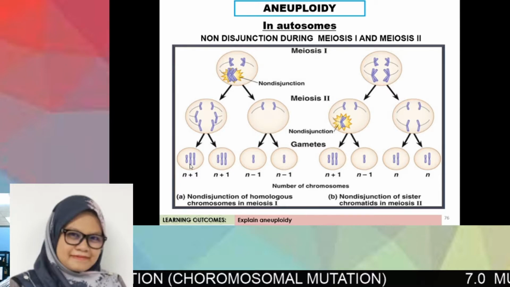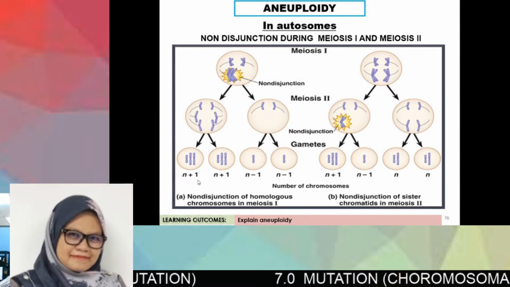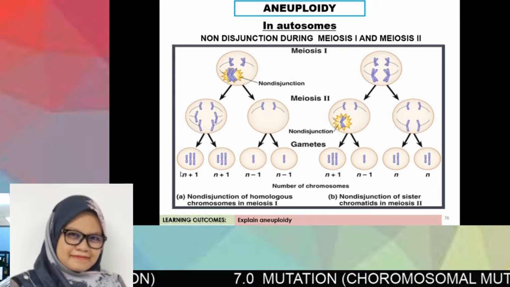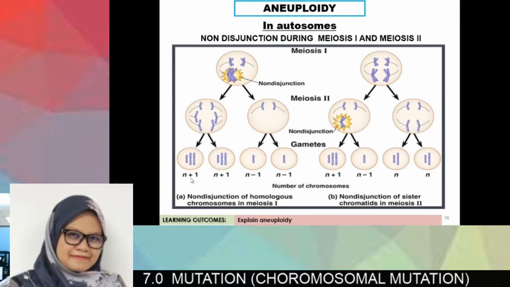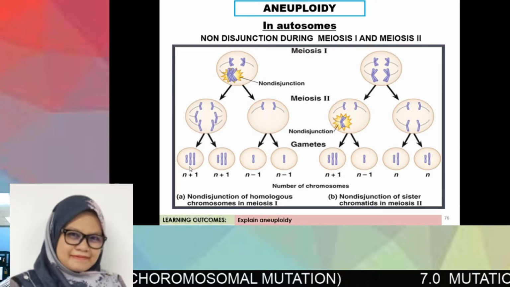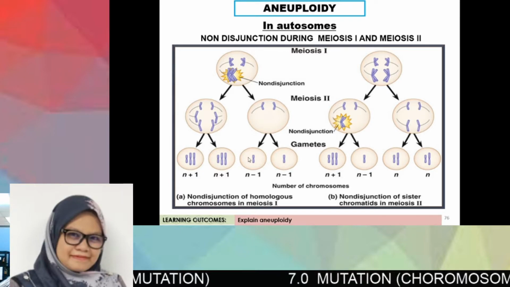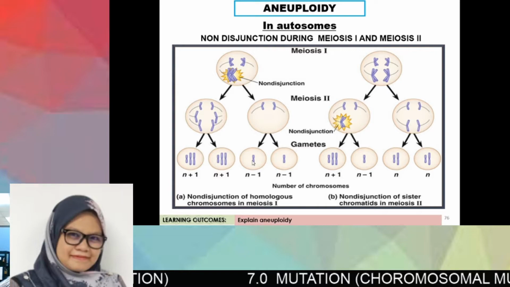Tapi bila berlaku non-disjunction sebegini, kita boleh nampak 2 daughter cell mempunyai lebihan 1 kromosom. So that's why ditulis sebagai N+1. Maksudnya 1 set plus 1 kromosom ekstra. 1 set lengkap di sini sebenarnya mewakili 2 kromosom. Dan di sini menunjukkan N tolak 1. Maksudnya 2 set lengkap sepatutnya 2, tapi kekurangan 1. So that's why kita tulis N-1.